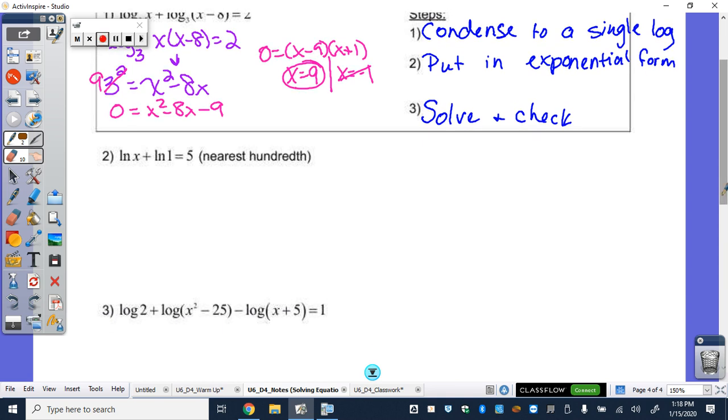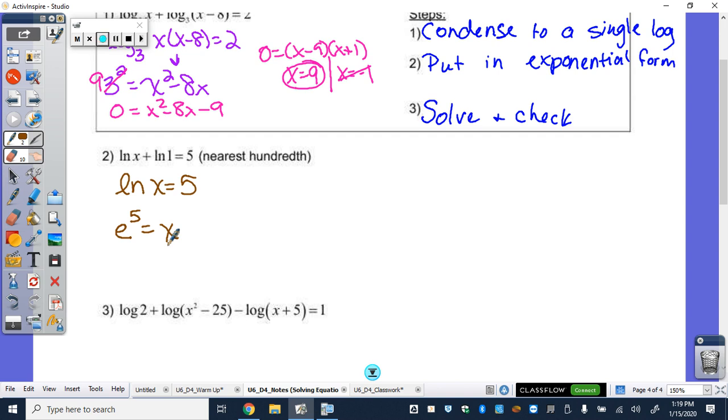All right, 3 more examples. ln of x plus ln of 1. What's happened between the x and the 1? Multiply. So it'd be ln of x equals 5, because x times 1 is x. Exponential form, what's our base? E. Our base is e whenever we have ln.